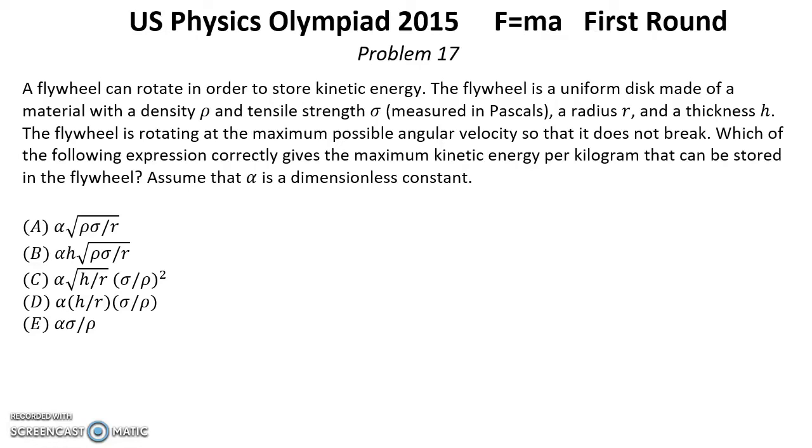The flywheel is rotating at the maximum possible angular velocity so that it does not break. Which of the following expressions correctly gives the maximum kinetic energy per kilogram that can be stored in the flywheel? Assume that alpha is a dimensionless constant.